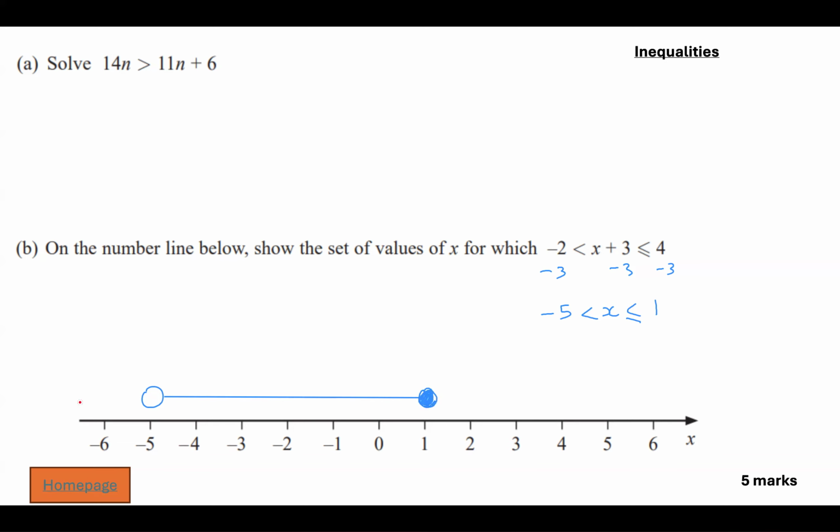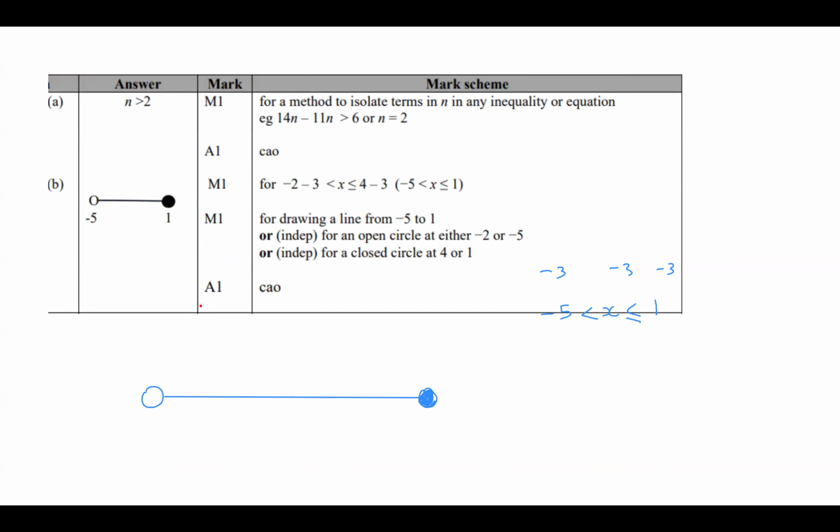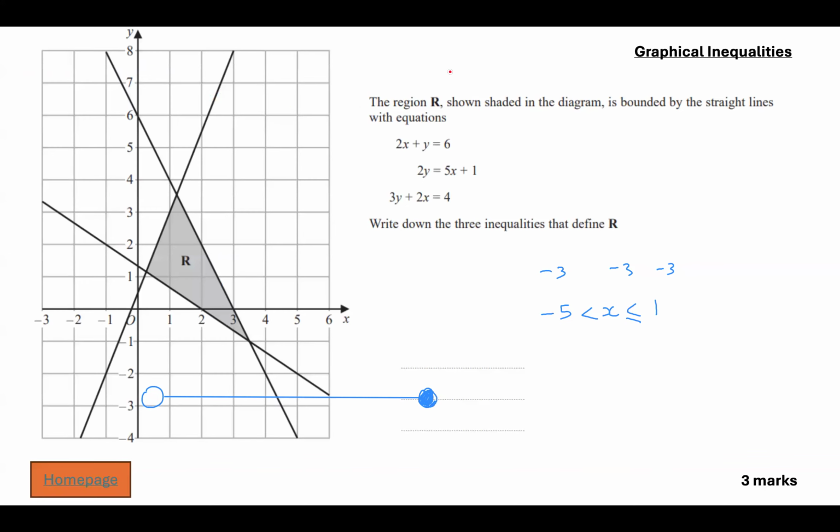Okay, let's move on to the next topic over here. Right, so it says write down the 3 inequalities that define this region here. Now, first and foremost, I would rearrange these into the form of y is equal to mx plus c. So this one becomes y is equal to minus 2x plus 6.